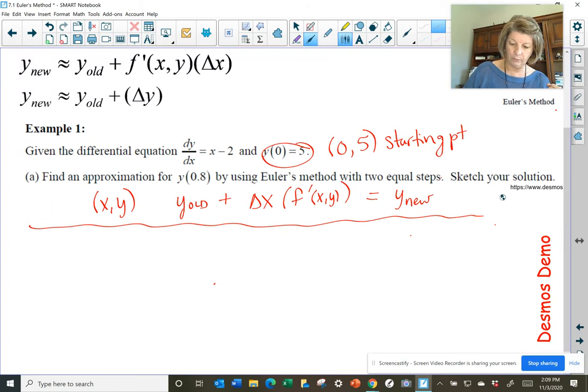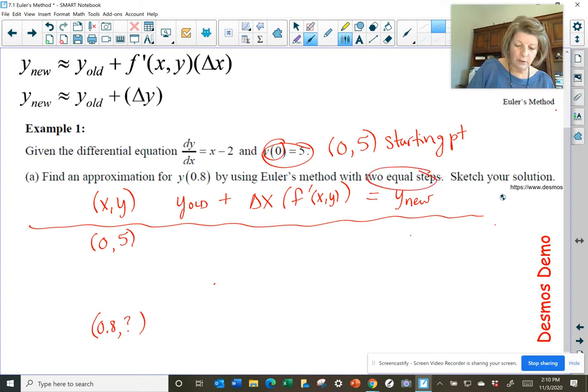equation. So we want to get to 0.8, and I'm starting at an x value. We're starting at 0, correct? I want to get down here to 0.8 for my x value. And I'm doing that in 2 steps. So my change in x is going to be where I finished minus where I began, done in 2 steps.